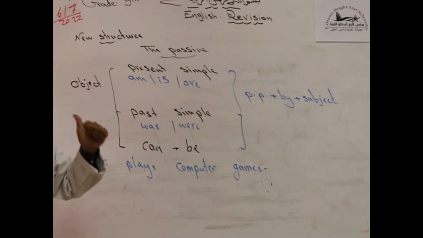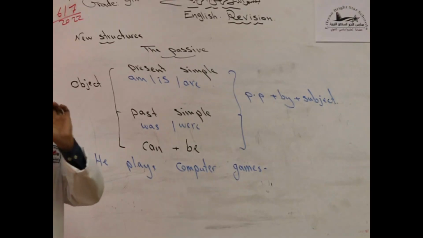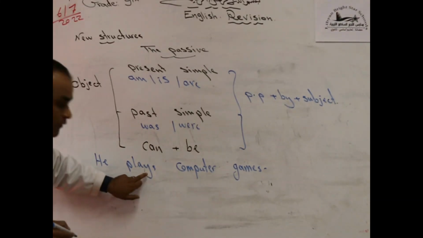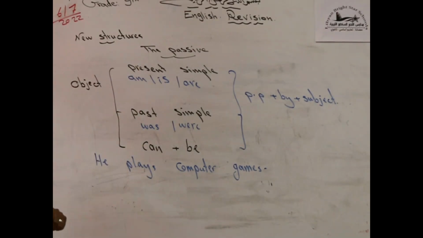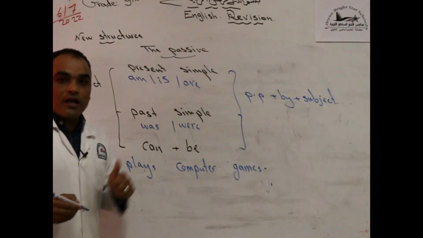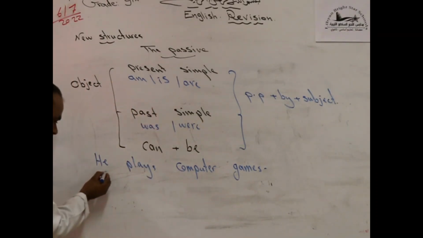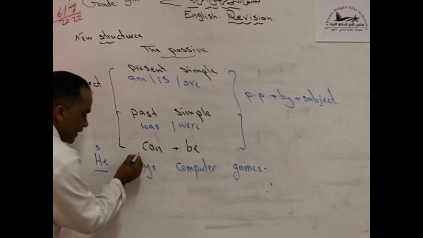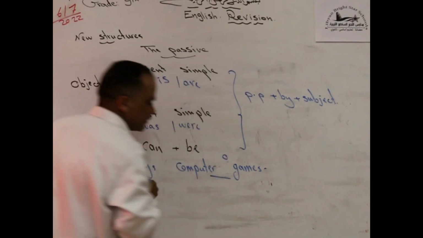The first step to change the sentence from active to passive, you must identify the tense of the sentence. لازم تحدد الزمن. He plays, the verb here has s, so the sentence is in the present simple. The second step, identify the subject, the verb, and the object of the sentence. The subject here is he. Plays is the verb, and we have computer games is the object.